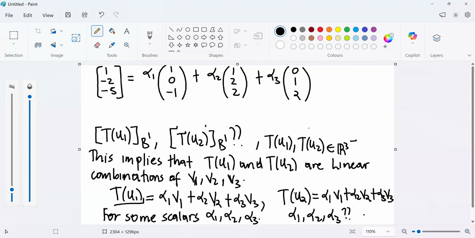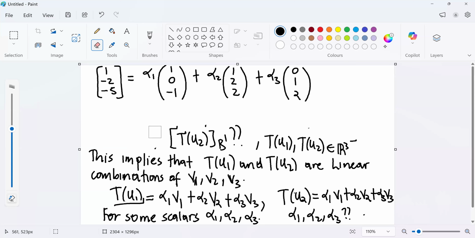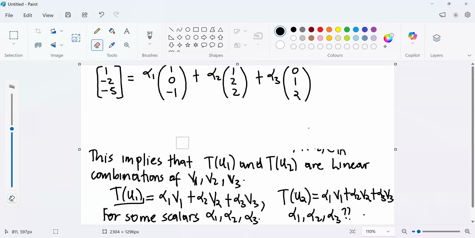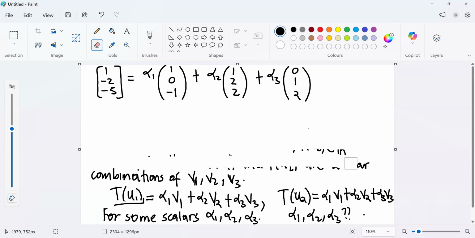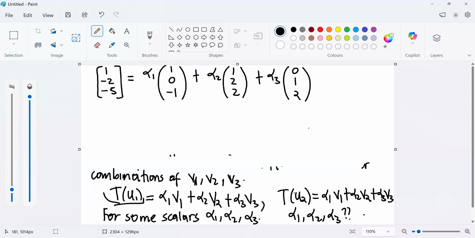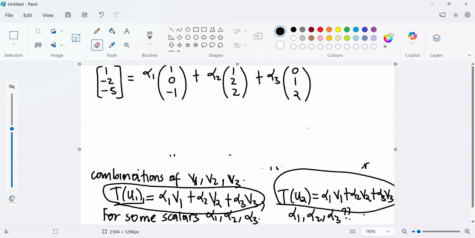So I solve this for values of alpha 1, alpha 2, and alpha 3. This is a simultaneous equation. So I have to deal with this. Then I also deal with the other expression for TU2. This is what I am dealing with at first; next, I'll do the same thing for that one.